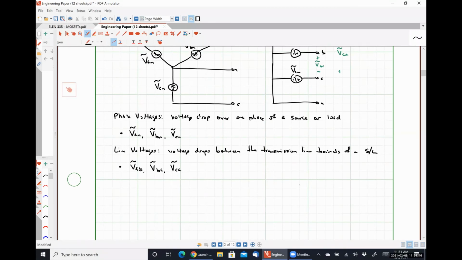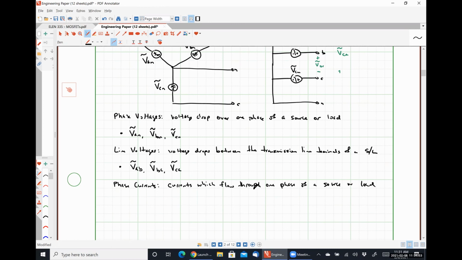Next, we will deal with our phase currents. So a phase current is any current which flows through one phase of a source or load.